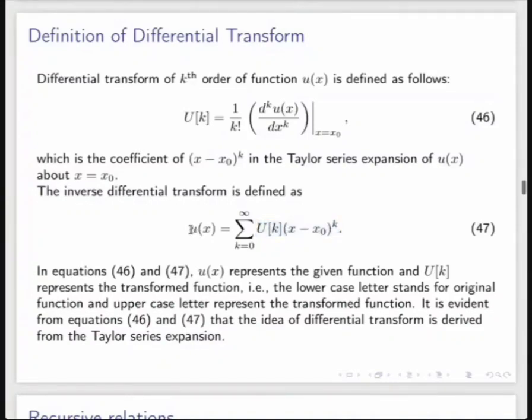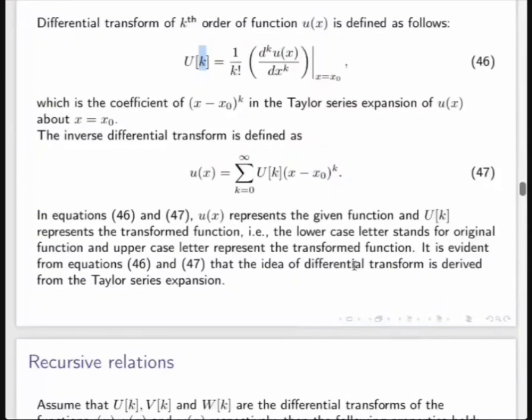So you must be thinking that I'm cheating you by calling this a transform technique. It's just a Taylor series, to be honest. So the answer is yes, it is a Taylor series, but I'm introducing this differential transform just to switch over from the x domain to the k domain. So essentially 46 and 47 are from the Taylor series.